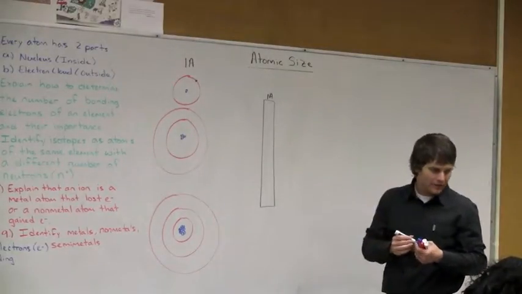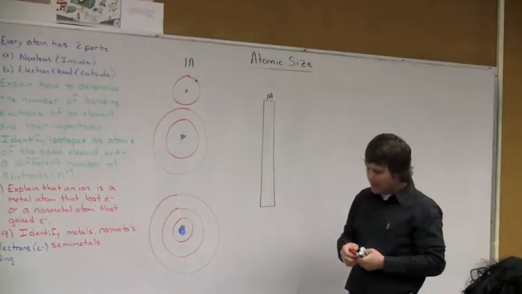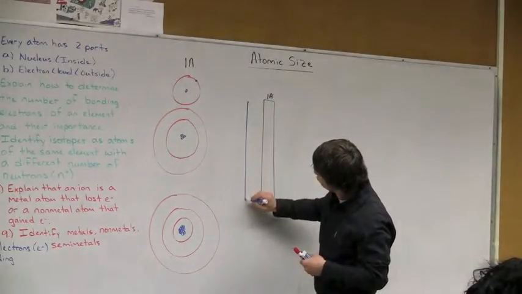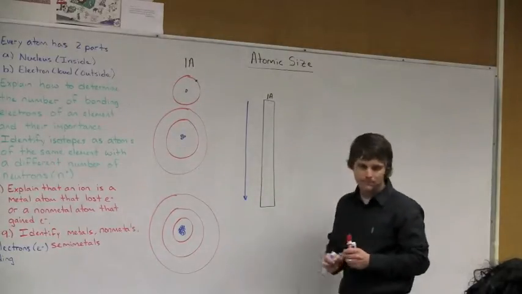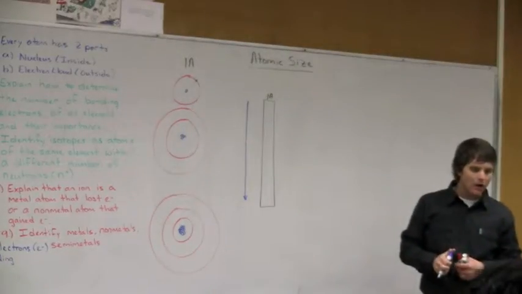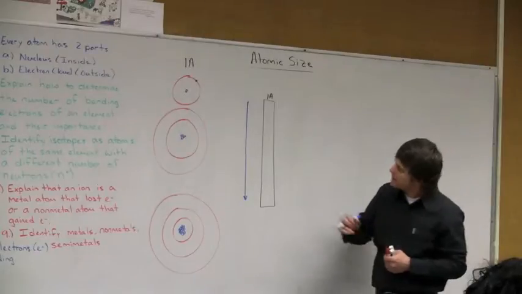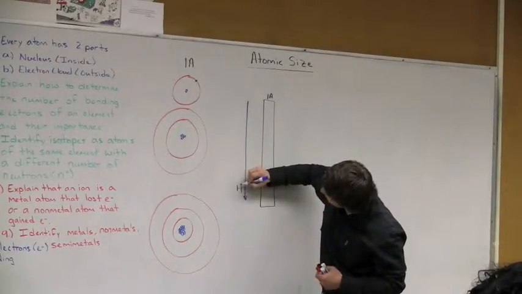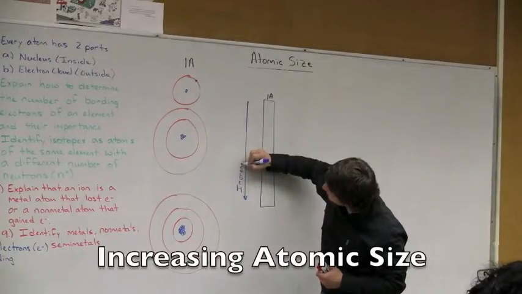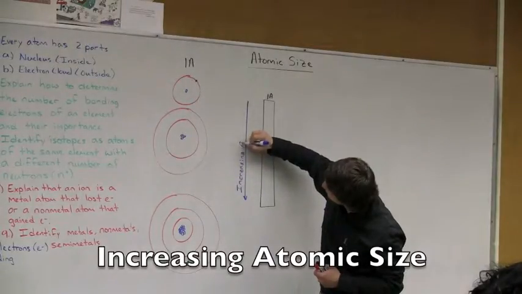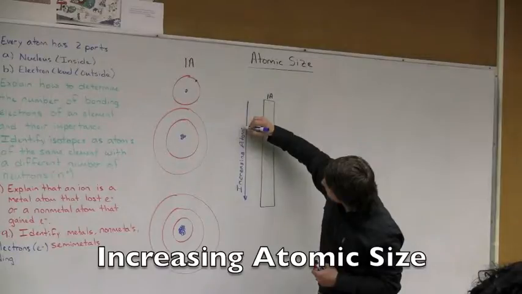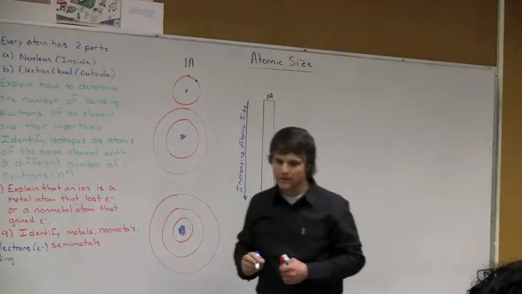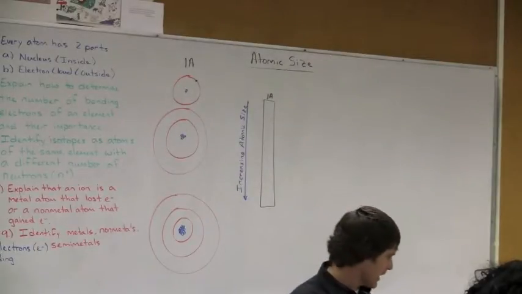I'd like you to write an arrow pointing down, indicating that as you move down a column, this is what happens. So for the atomic size, we will write an arrow going down, and we will write increasing atomic size.